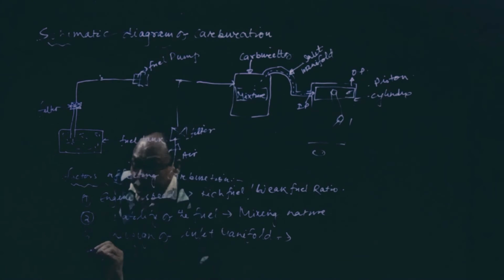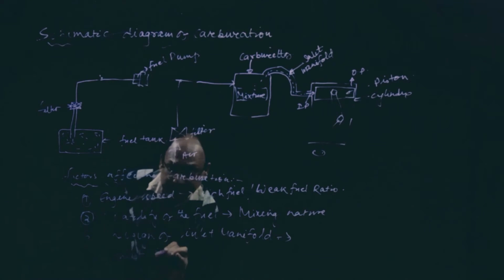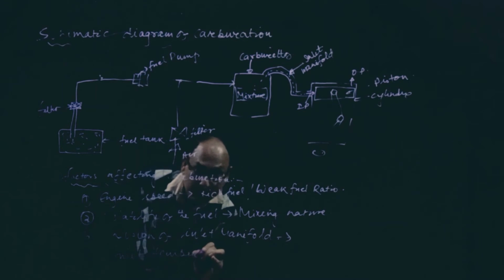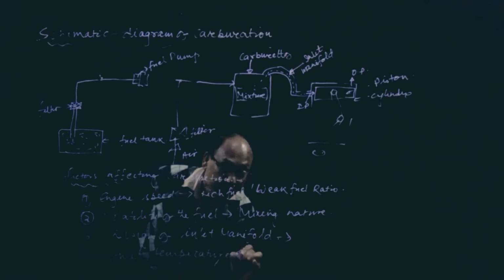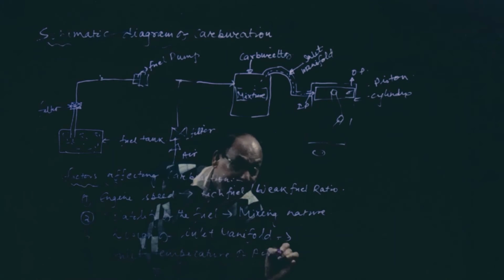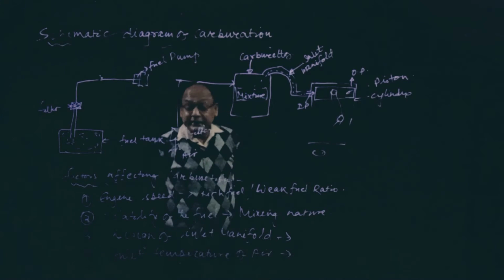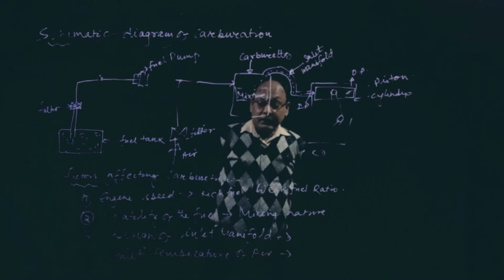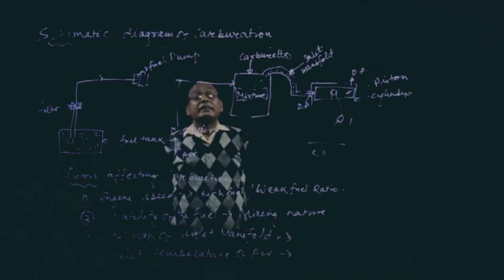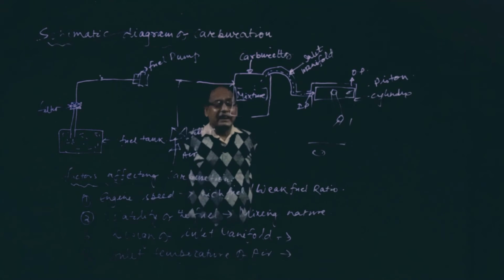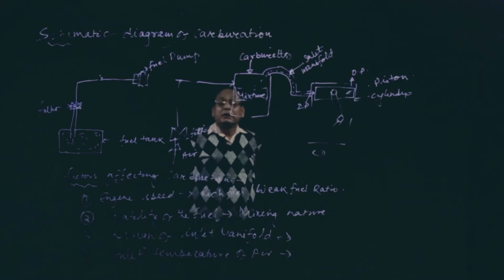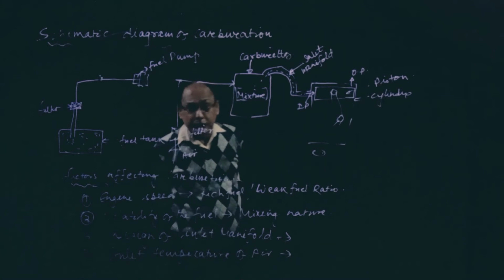Okay. Number four, inlet temperature of air. See, carburation is basically mixing with air. So how much temperature the air has also affects the carburation. It should not be very cold, and it should not be very high.